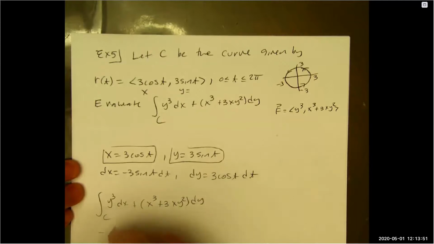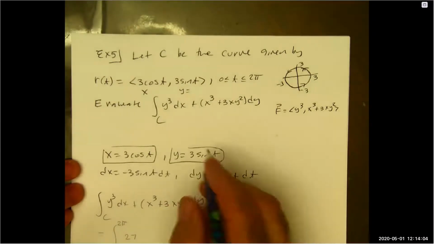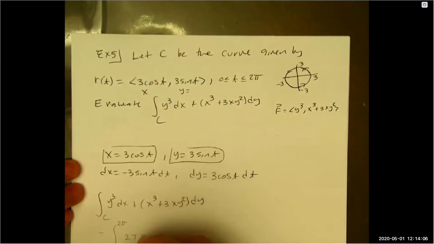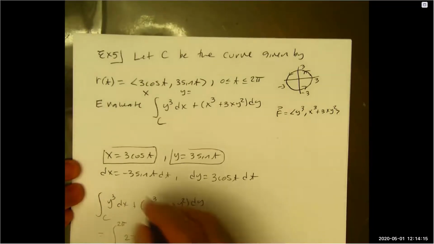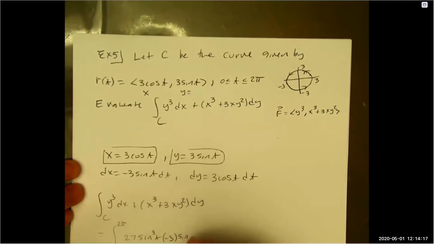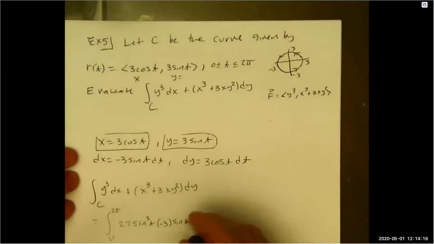So this is going to be equal to the integral from 0 to 2 pi. The y cubed is going to be 27 sine cubed, and then we multiply that by dx, which is negative 3 sine t. I'll take the dt out of everything.